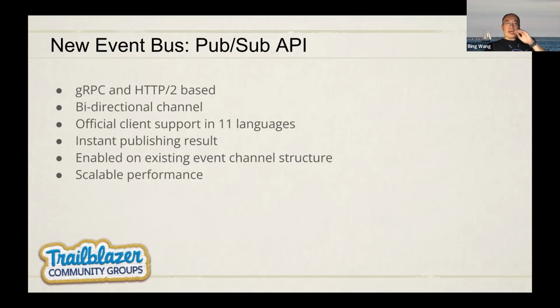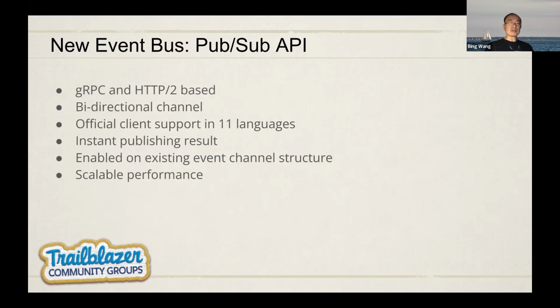So the last thing, but certainly not the least, of the changes is this new Pub/Sub API. This is essentially a new kind of event bus, and it is really built from scratch to support a new way of interacting with the Salesforce platform. This is gRPC based.